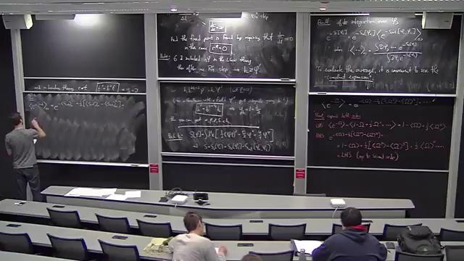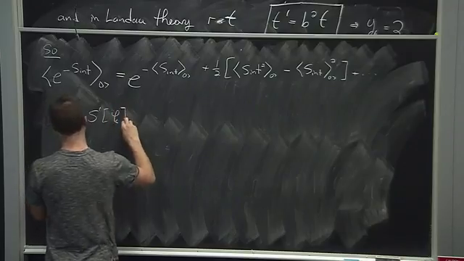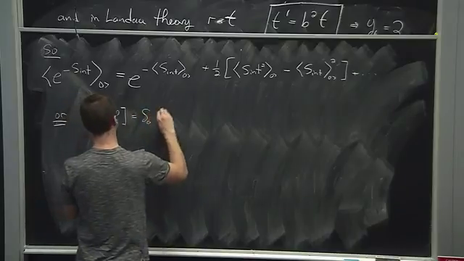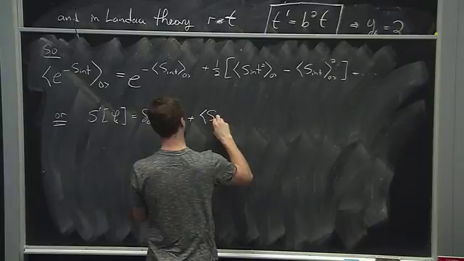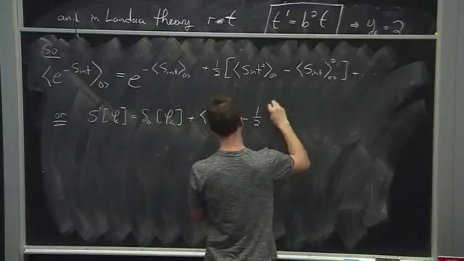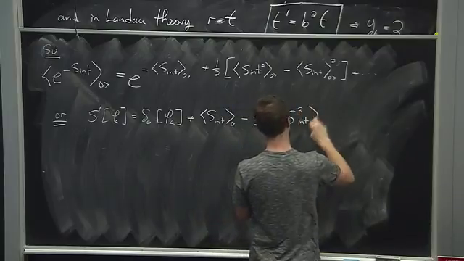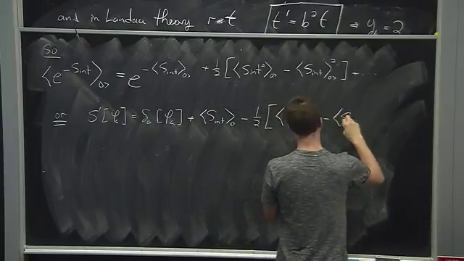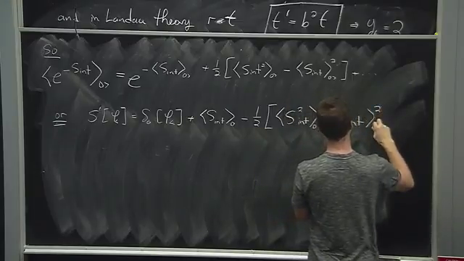So you could also write this as all squared 0.